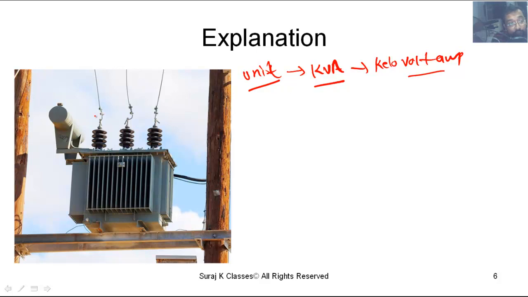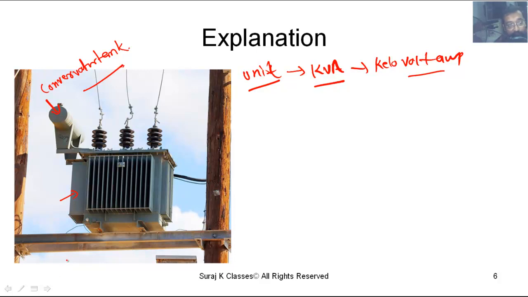One more accessory connected to this transformer is called the conservator tank. Now why this tank is used, I will explain everything. Now see what this is.